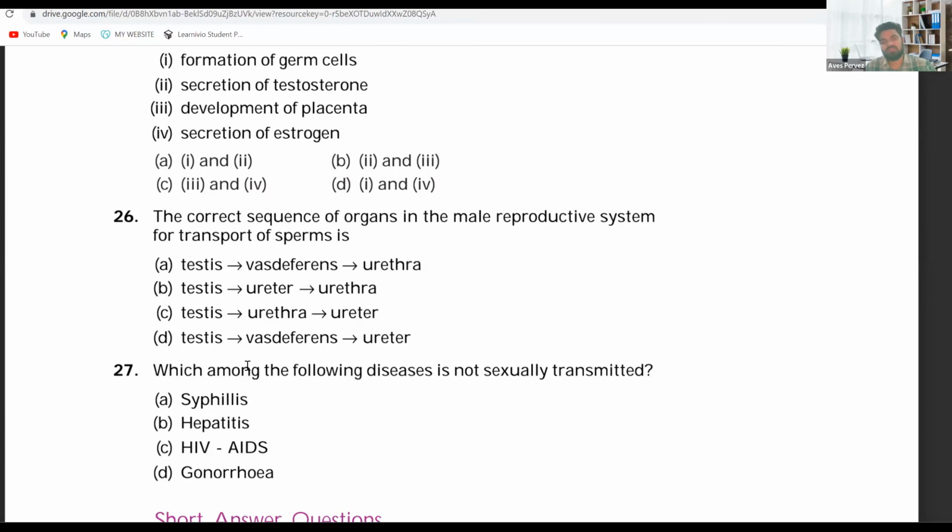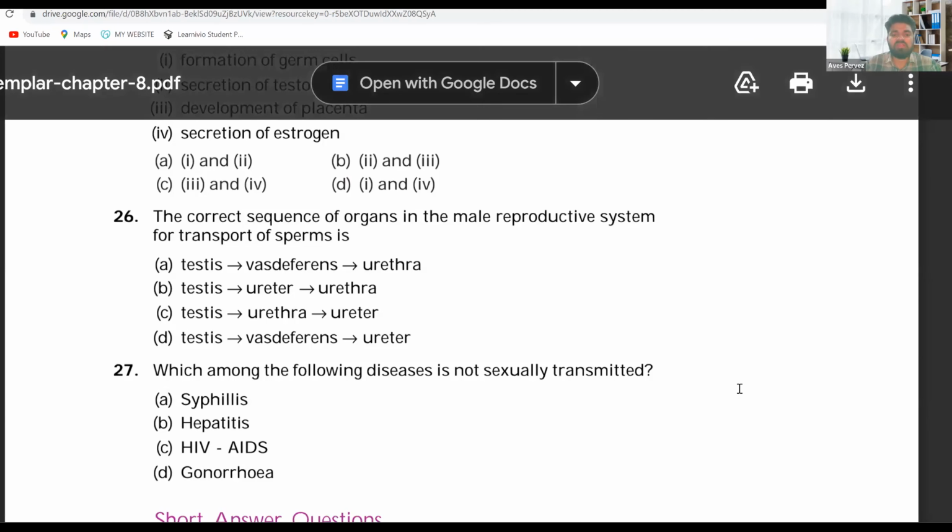Question number 26. The correct sequence of organs of male reproductive system for transportation of sperm is, option A, testis, vas deferens, and urethra. Yes, after the testis we have vas deferens, and from it is urethra. Option A is the correct one.